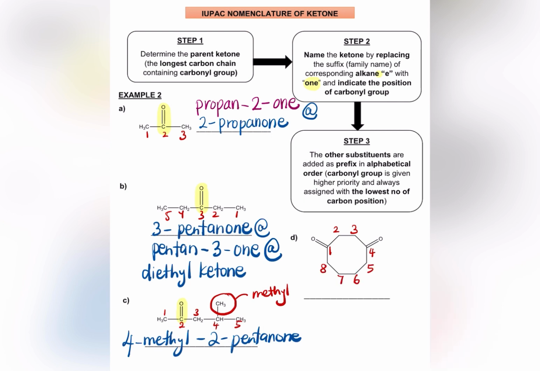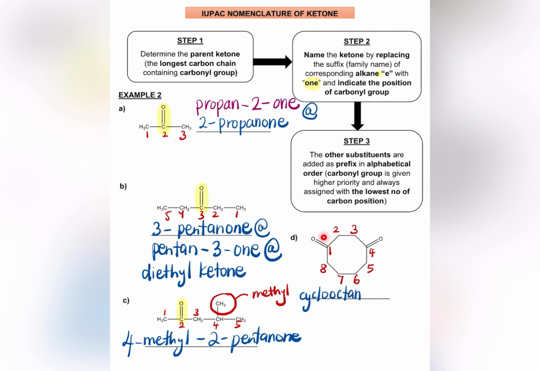So from here, I got my cyclic as cyclooctane when I put it as cycloalkane. But right now, I'm going to change the alphabet E. So the full name for this one is cyclooctane without E. And after that, I'm going to give my numbering for two functional groups.